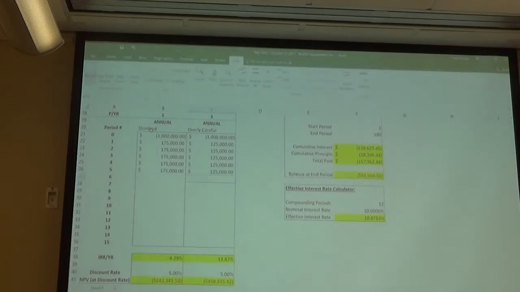But that's not the end of the story. In this case, we're still both in negative cash flow territory. The reason is we haven't factored in a resale price. And that's where it begins to get really interesting really quickly.